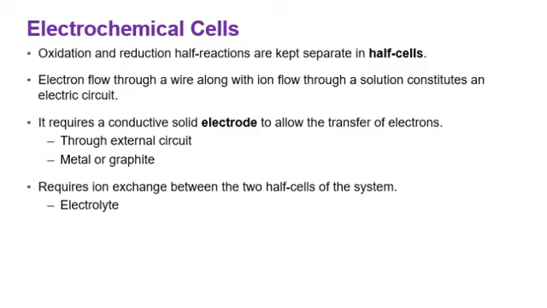Electrons flow from the anode to the cathode through an external wire, while ions move through the salt bridge or porous barrier to maintain electrical neutrality. This setup allows us to capture the energy released by a spontaneous redox reaction and convert it into electrical work.